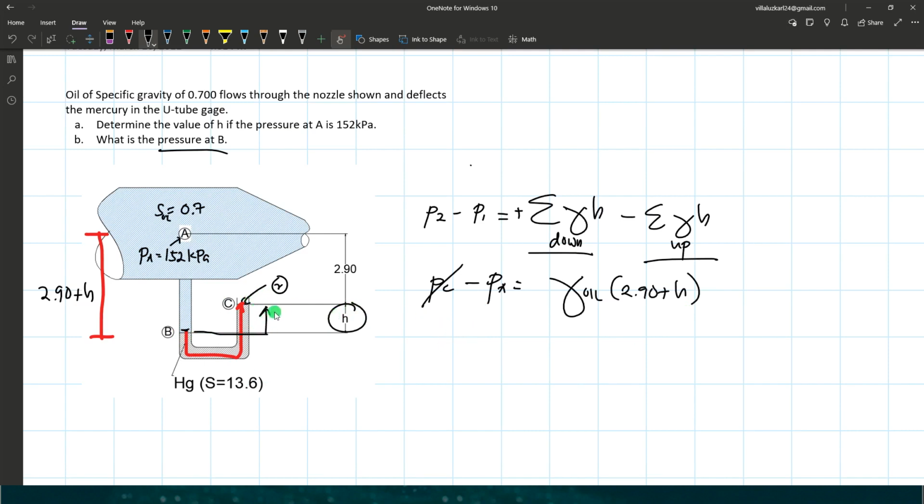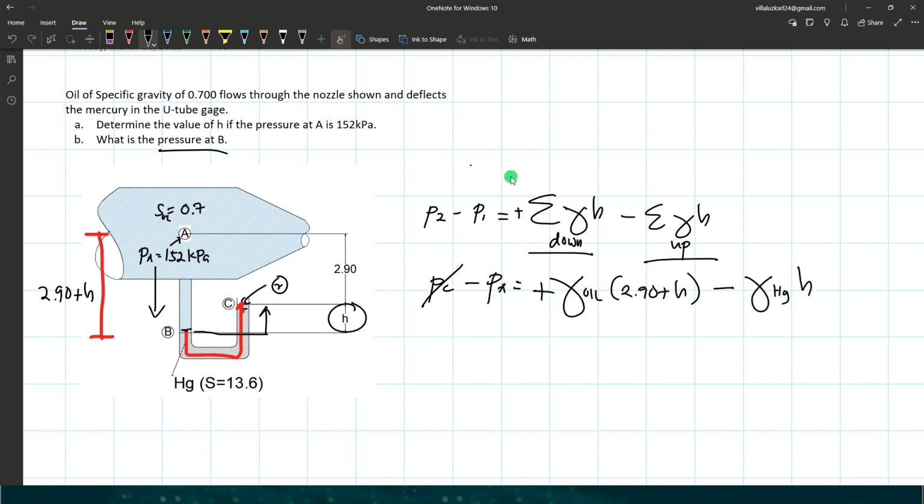Earlier we have the oil, from point A to point B, going downward in direction, so this is positive. On the other hand, the mercury, from point B to point C, is upward in direction. Therefore, we have a negative sign, which is the product of the unit weight of mercury multiplied by H. So this is our equation for this problem.